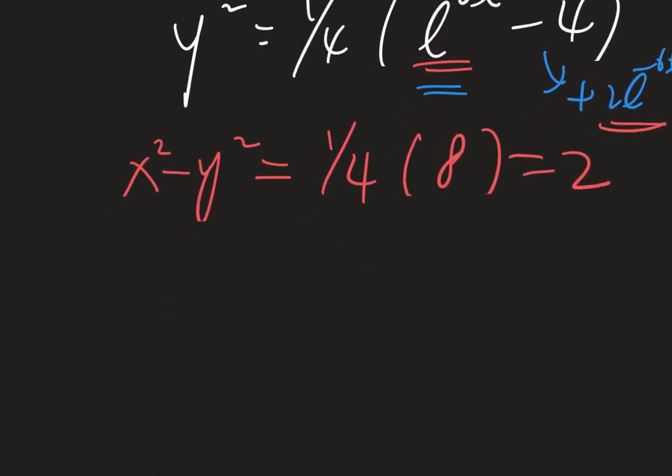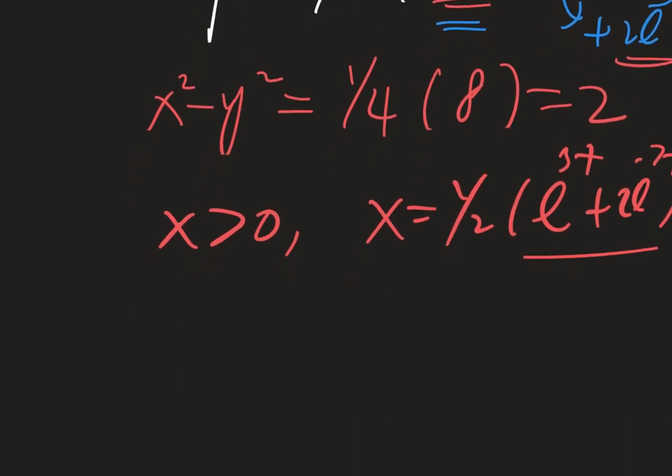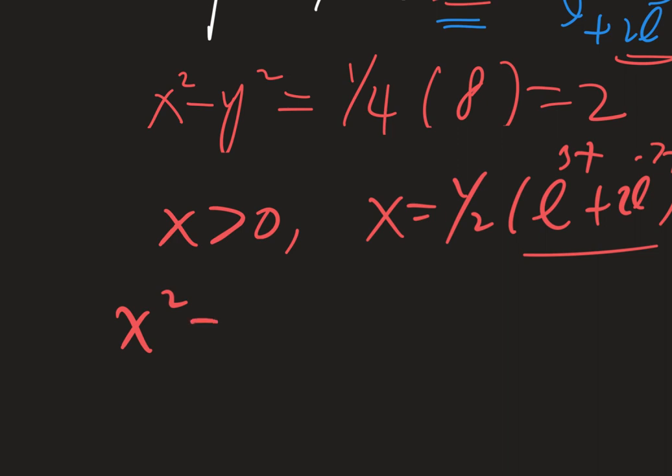Now they ask us to find any restrictions on the value of x. Any restrictions on the value of x. We all know that x has to be bigger than 0 because x is equal to 1/2 e^(3t) plus 2e^(-3t). But from here, we will further know that x squared equals y squared plus 2.